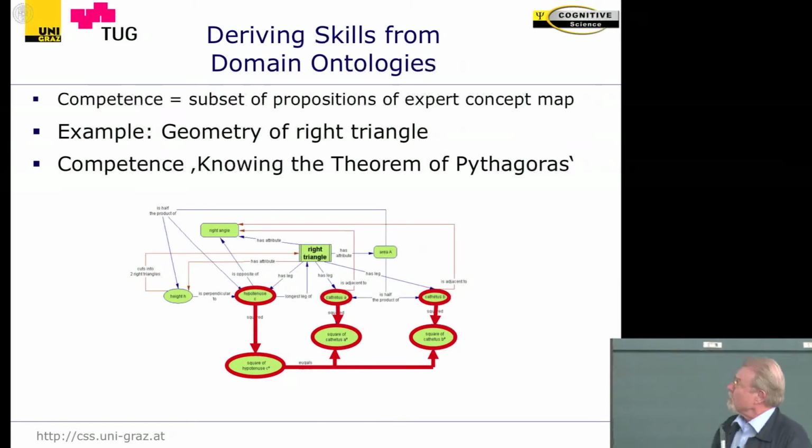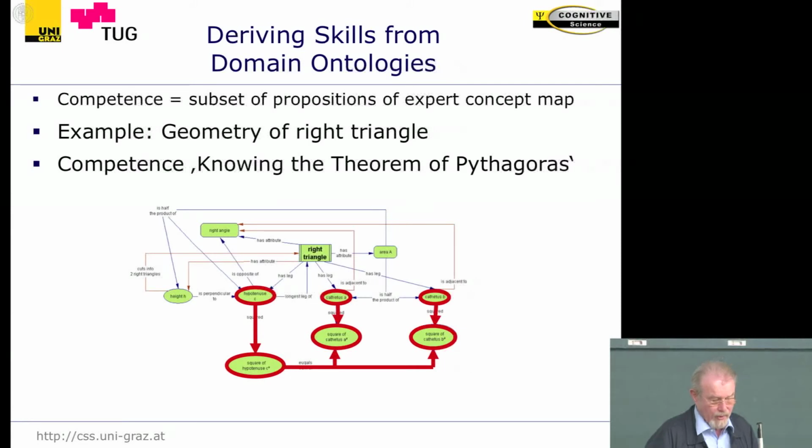And the question is how to define the competencies by the concept approach, by the domain ontologies. And in this example, the question is how to define knowing the theorem of Pythagoras.